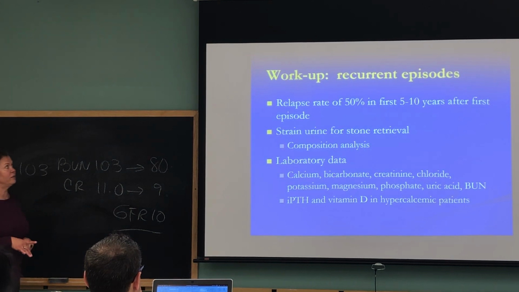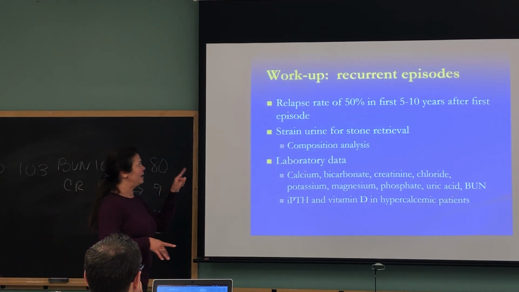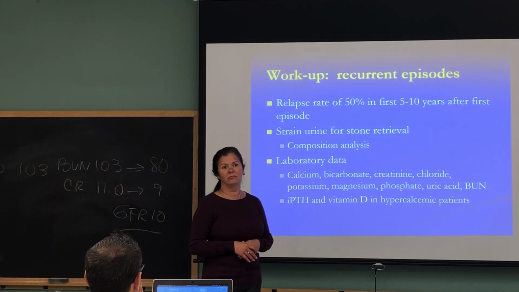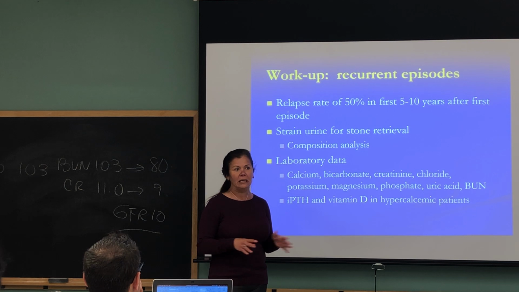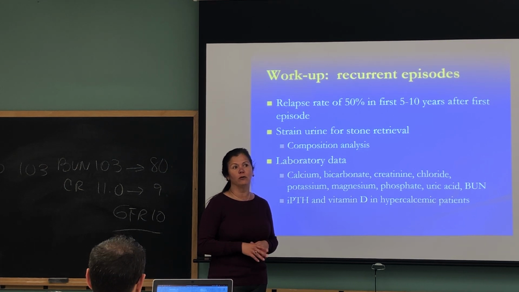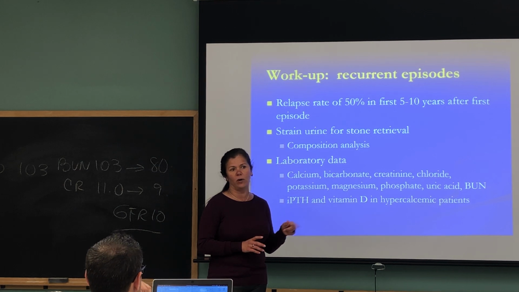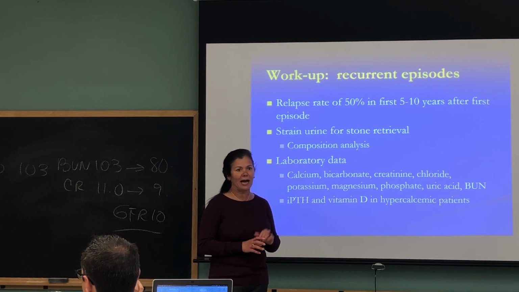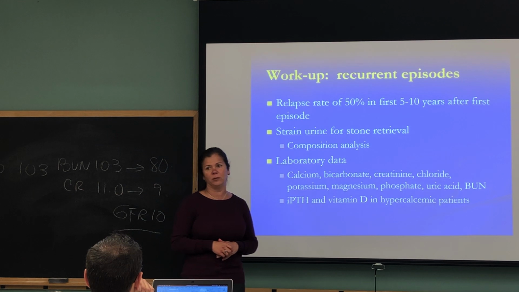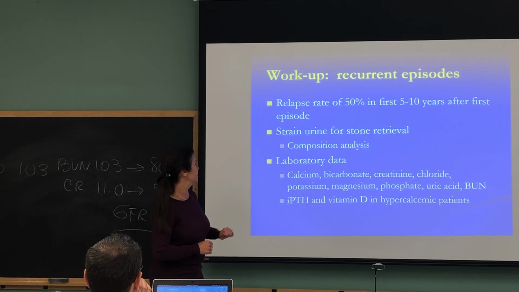You actually have, and it's true, relapse 50%, 5 to 10 years. So at least if you're trying to eliminate your risk factors, just once you have one first episode, you have a high chance to develop another episode within 5 years. Okay?